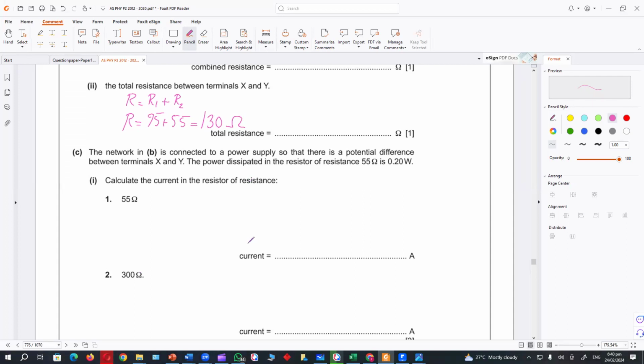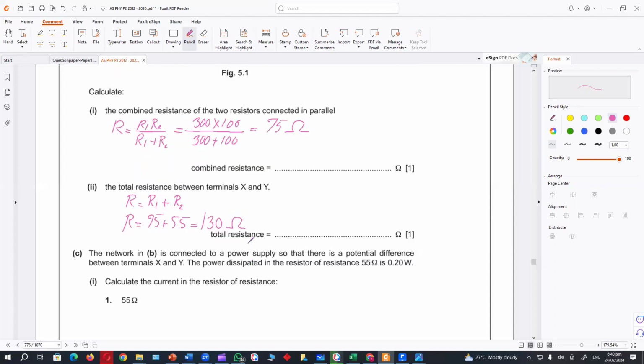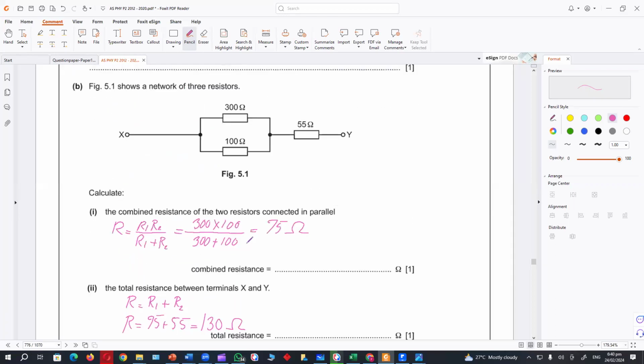The network in B is connected to a power supply, so there is a potential difference between terminals X and Y. The power dissipated in the resistor of resistance 55 is 0.20 watt. Calculate the current in the resistor of resistance 55.